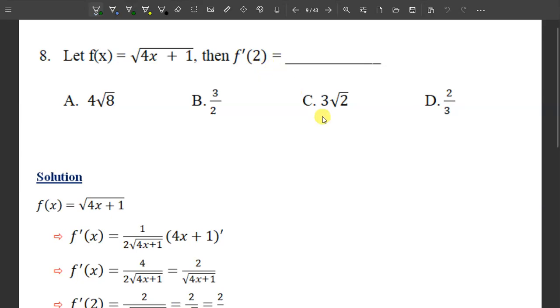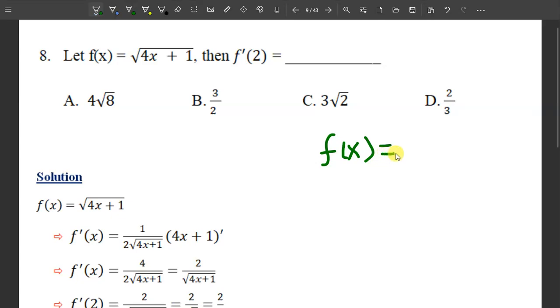What is f prime of 2? Now, to find the derivative, the first thing you have to do is derivate this function. Let me tell you one simple way to do that. Suppose f of x is equal to the square root of x.